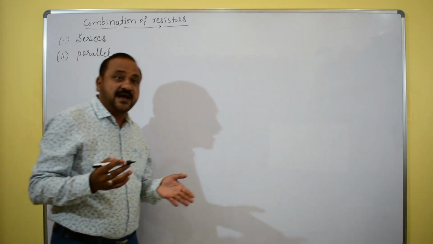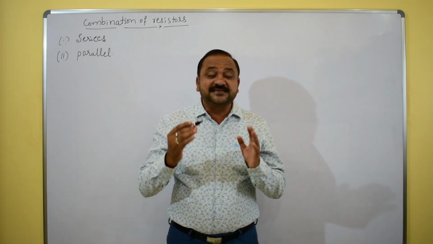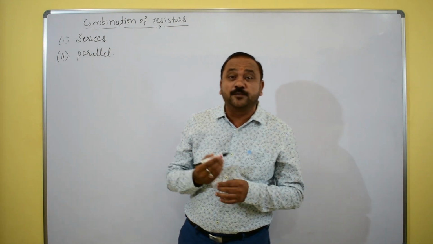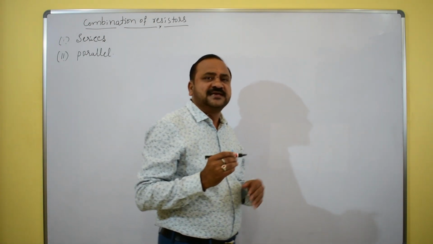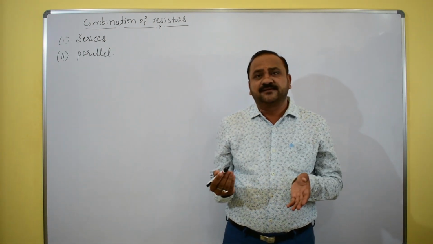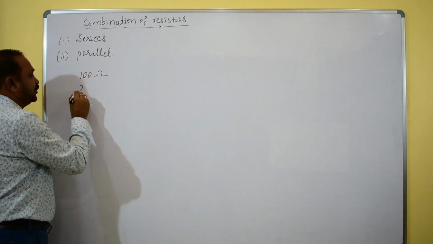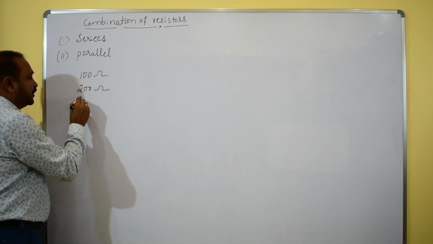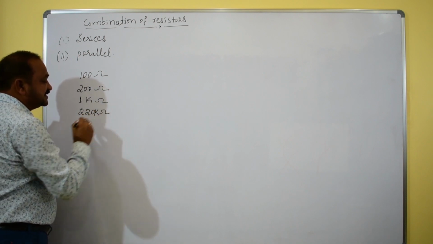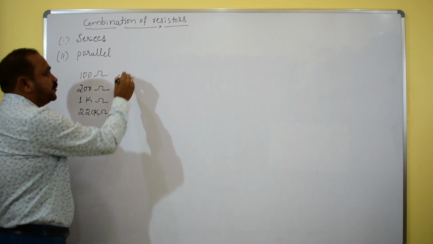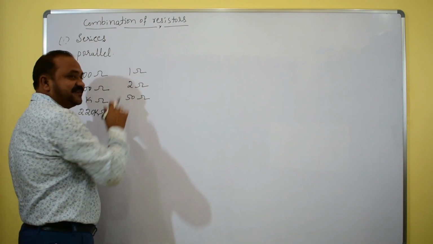As I told earlier about resistor values, the resistance may be 100 ohm, 20 ohm, 120 ohm, 1 kilo ohm, 1 mega ohm, 2.2 kilo ohm, and so on. These are some different values: a 100 ohm resistor, 200 ohm resistor, 1 kilo ohm resistor, 220 kilo ohm resistor, a 1 ohm resistor, 2 ohm resistor, 50 ohm resistor.